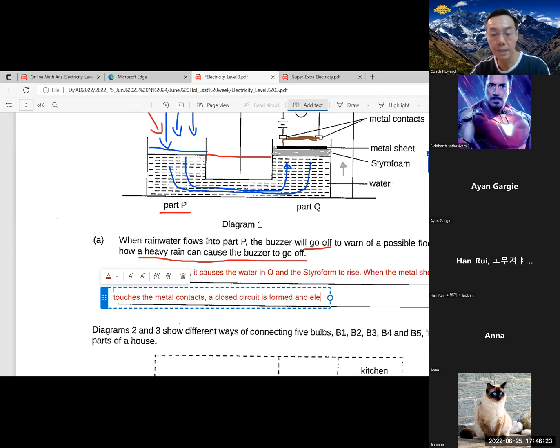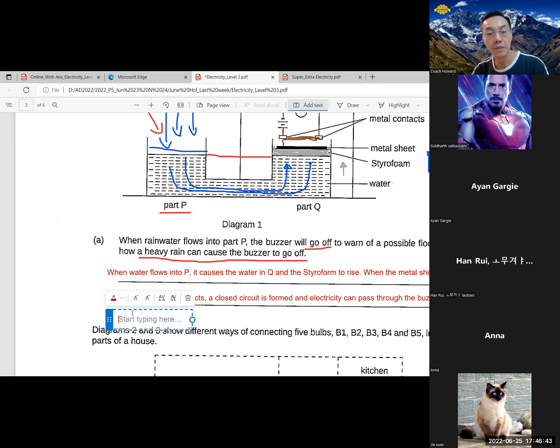And electricity can pass through the buzzer to cause it to go off. Okay, this part.